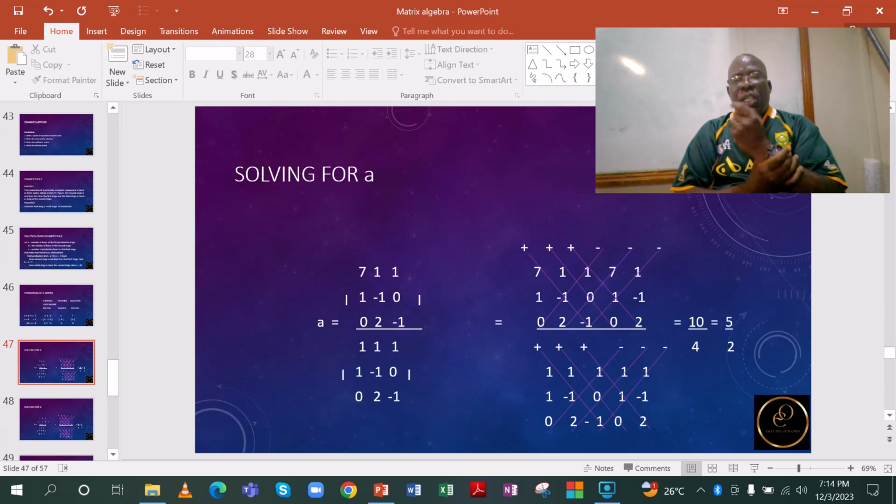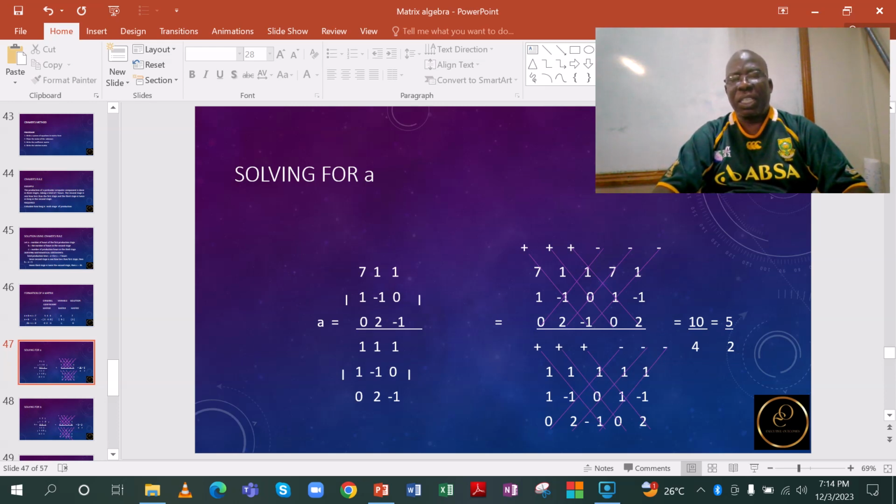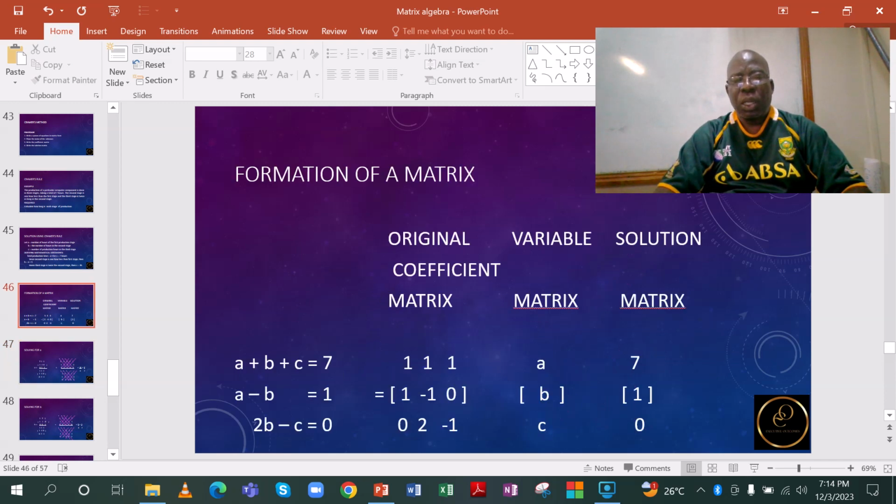I'm going to show you a shortcut to come up with the determinant of a 3 by 3 matrix. We have derived our original matrix as 1, 1, 1, 1, -1, 0, 0, 2, -1.